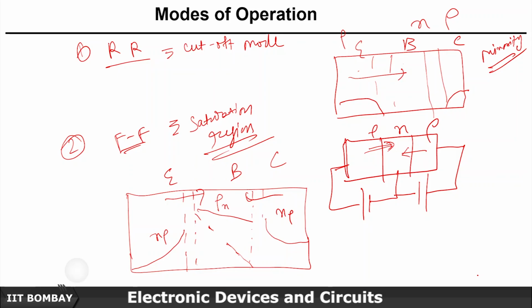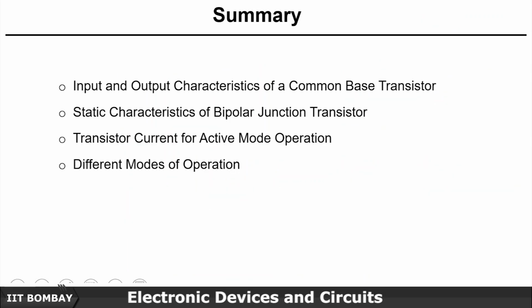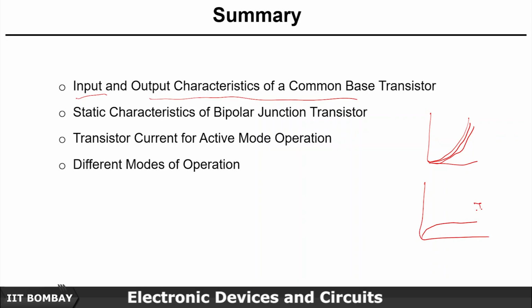Now we'll just summarize and we'll close this lecture. Basically we have discussed the input and output characteristics of the common base transistor. In common base we learned it follows the forward bias of the diode, and in the case of the output characteristics, for a fixed current, IC is more or less the same, equal to your IE, irrespective of the varying voltage here, assuming this is below Zener and avalanche breakdown.